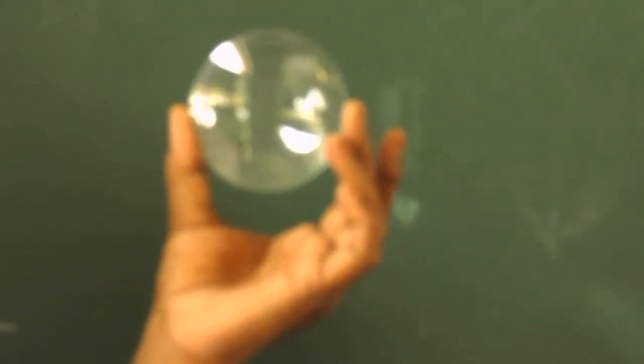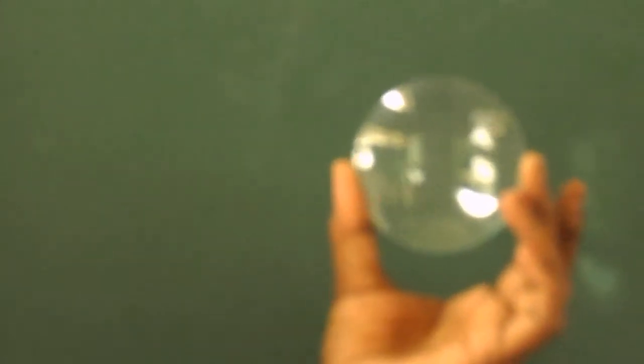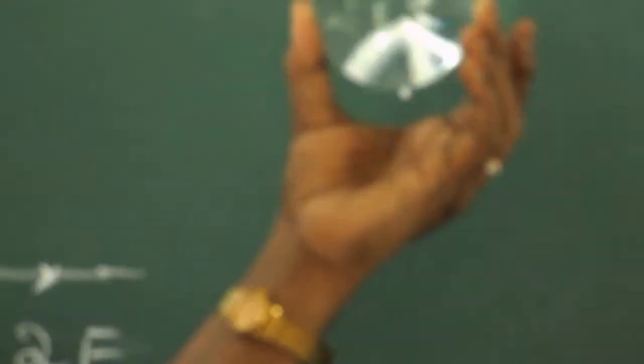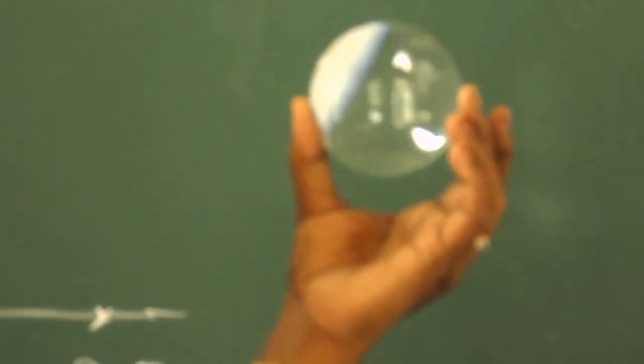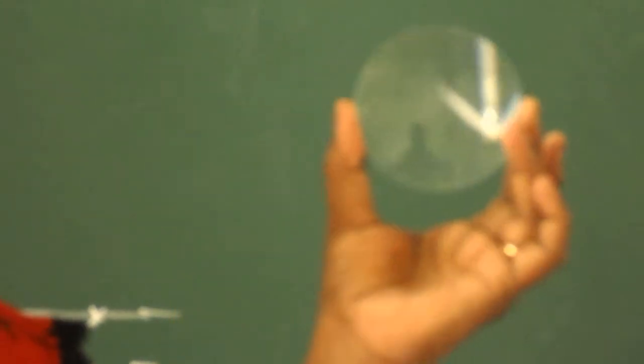A lens means a transparent material which is spherical in shape. If it is bulged outward, you say it is convex. If it is curved inward, we call it concave. It is bulged at both parts, so for that reason we say it is a convex lens or double convex.